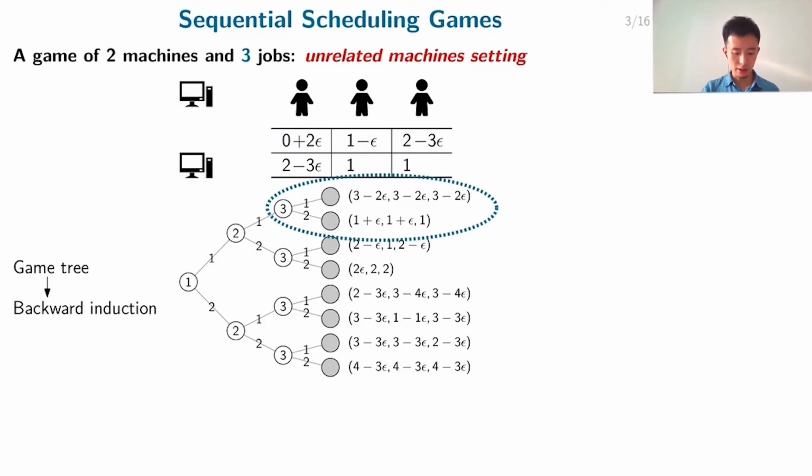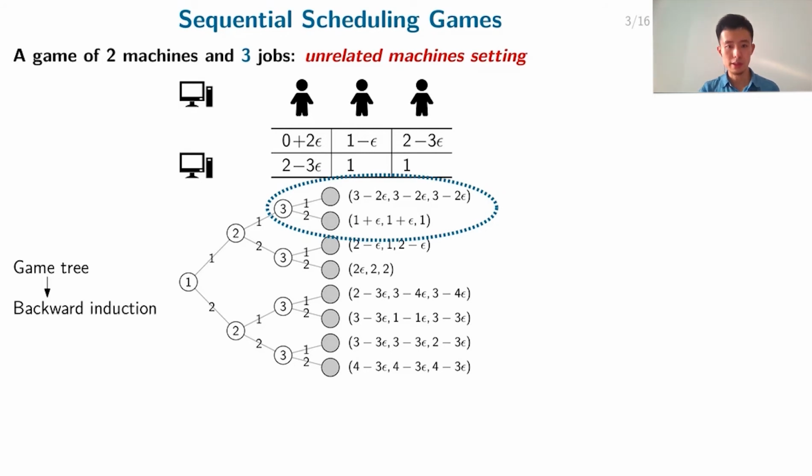And depending on the costs, we can conduct backward induction. First, determine the action of the last player, say player 3. For example, let's say the first subgame where jobs 1 and 2 both chose machine 1. The cost for job 3 of choosing machine 1 is 3, while the cost is 1 for choosing machine 2.